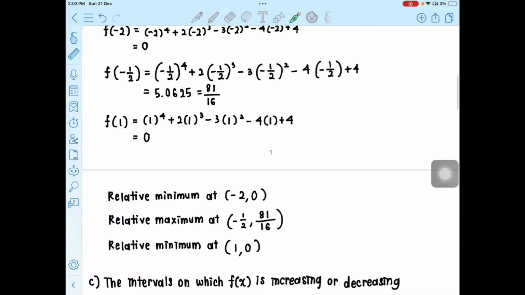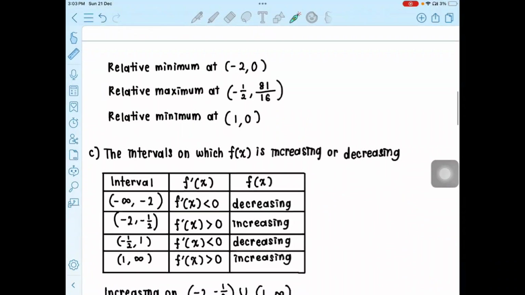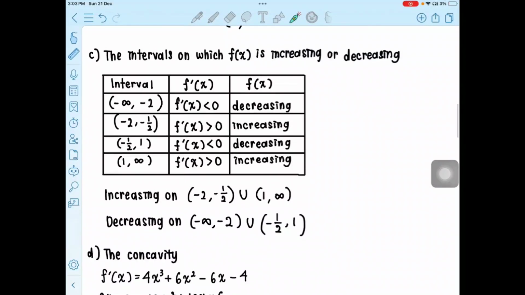When we substitute -1/2, we get y equal to 81/16, and when we substitute 1, we get y equal to 0. So the relative minimum is at (-2, 0) and also at (1, 0). For the relative maximum, this is the coordinate, (-1/2, 81/16).